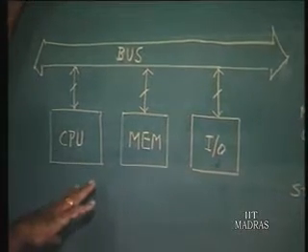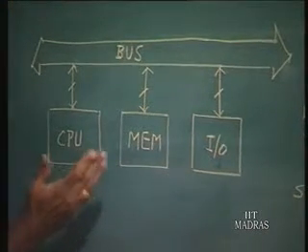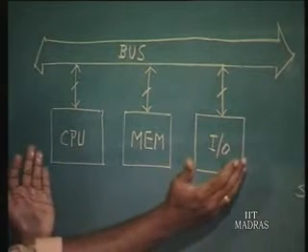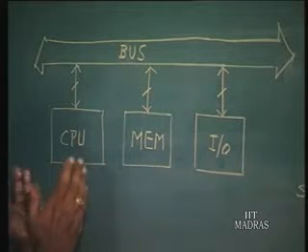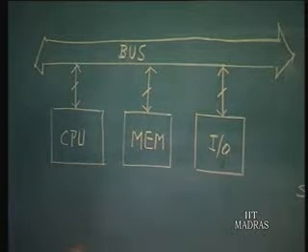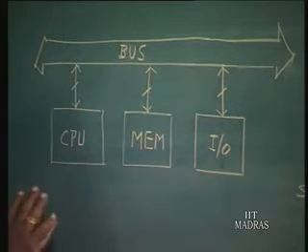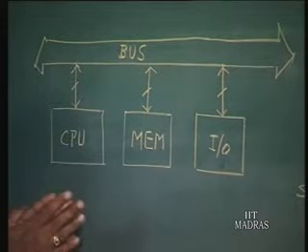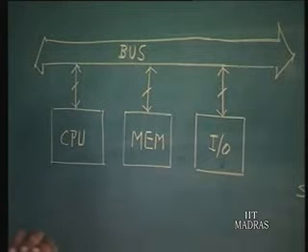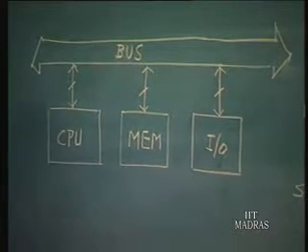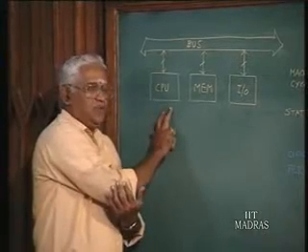So far we had got an overview of the entire computing system and also something about each of these blocks, that is CPU, memory and I/O, again an overall generalized information about each of them. Now the time has come for us to go into the details of each of these blocks. In fact we had started with the CPU.